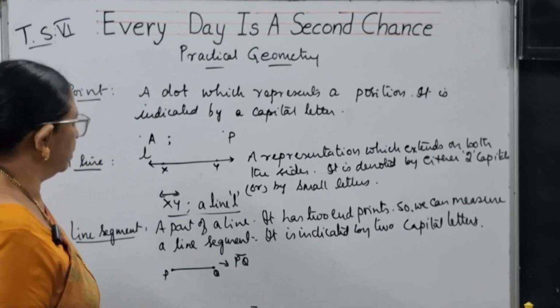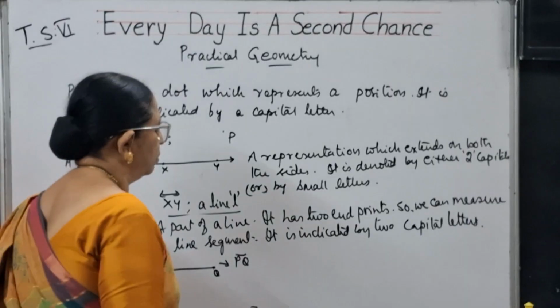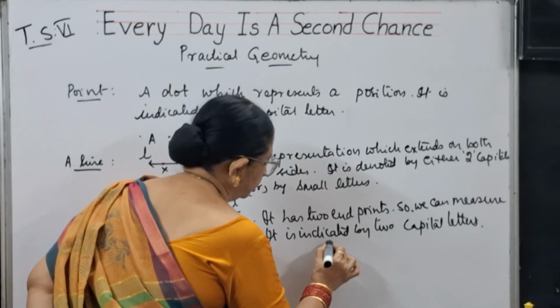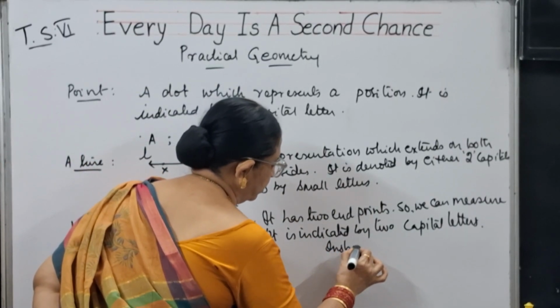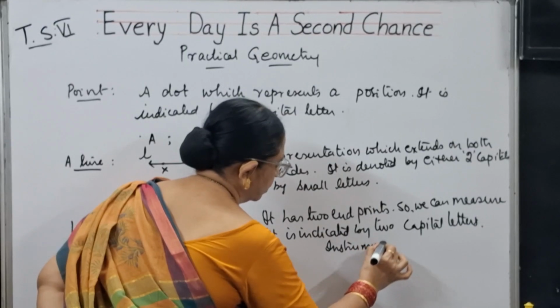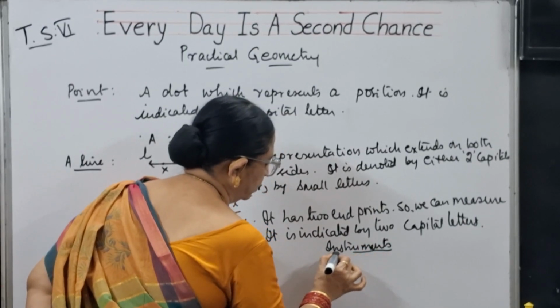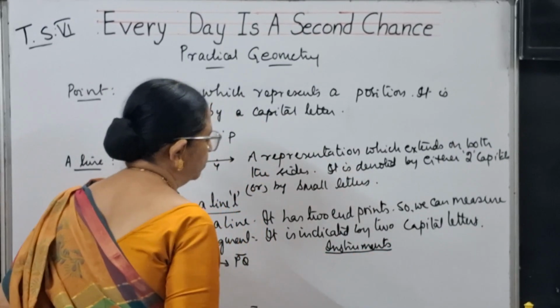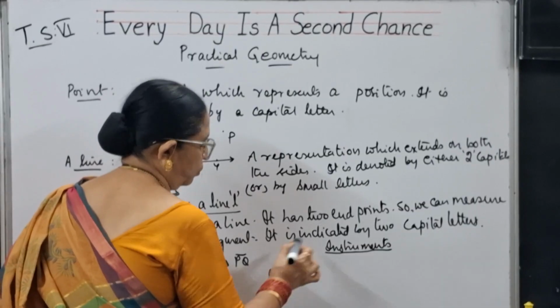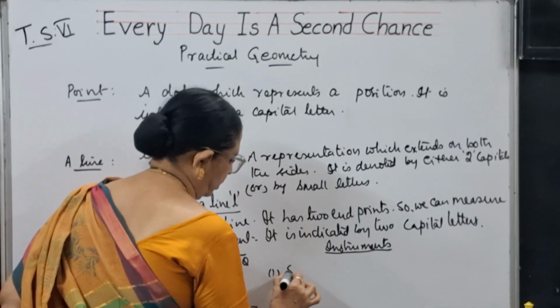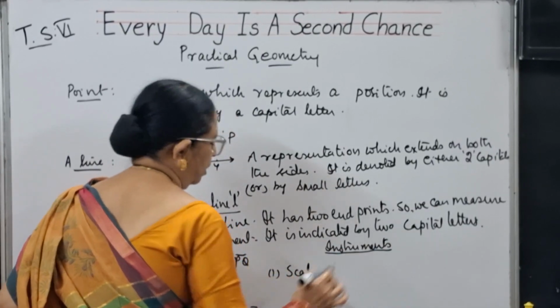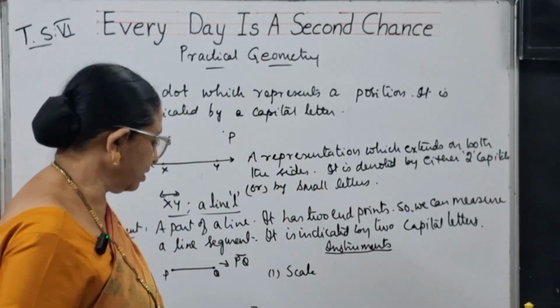Apart from that, you need to know what the instruments are that you have. Instruments that are used to draw the various figures. First one is a scale. Of course, you know about a scale.